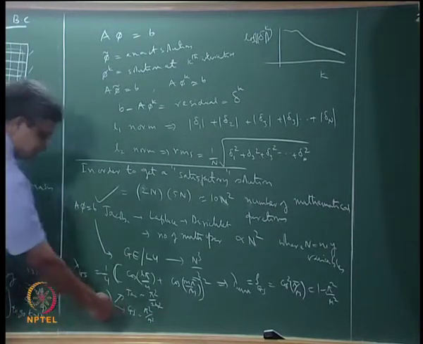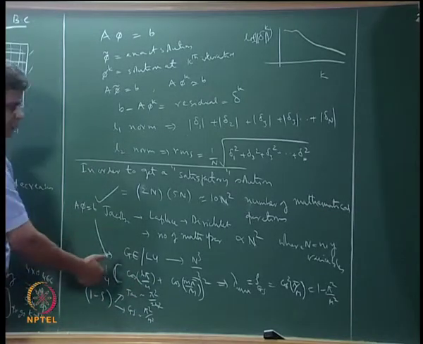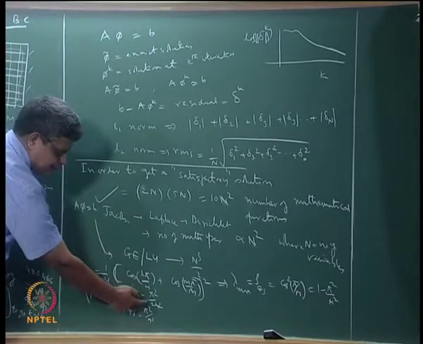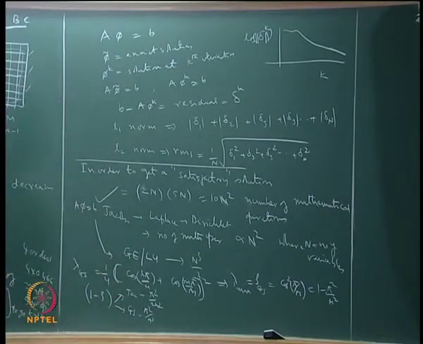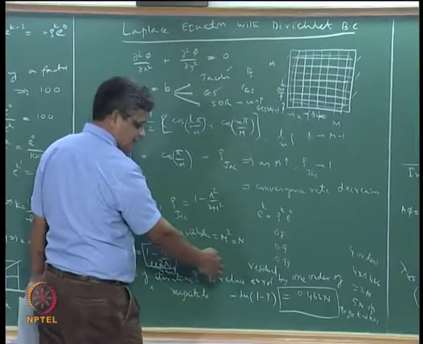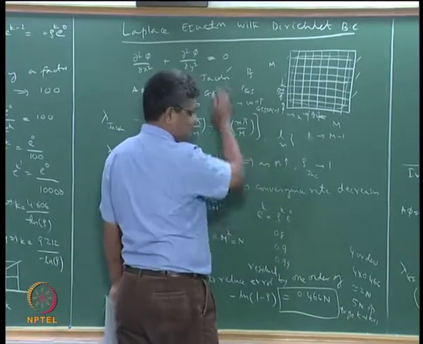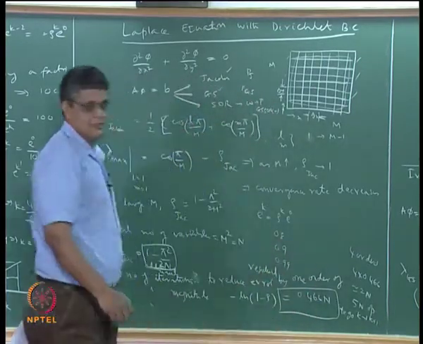So that means that the factor of reduction of the residual per iteration is less in the case of Jacobi method than in the case of Gauss-Seidel method, and as a result of this the number of iterations that are required to reduce the residual by a factor is exactly, for this particular problem, half as much as what is required for the Jacobi method.